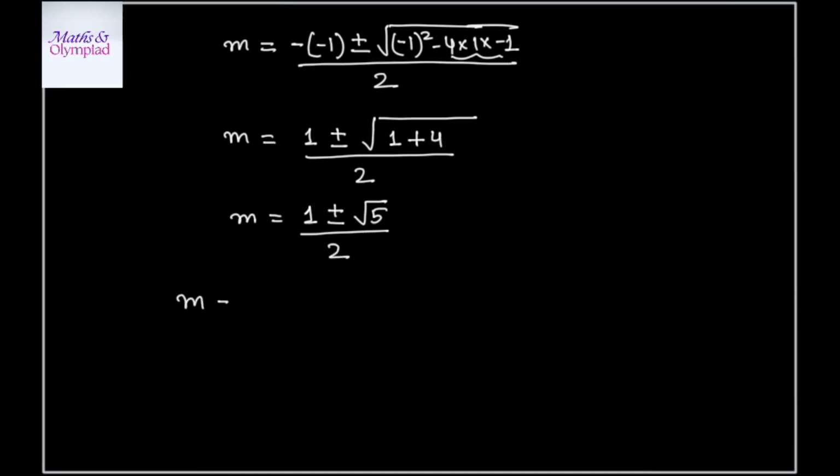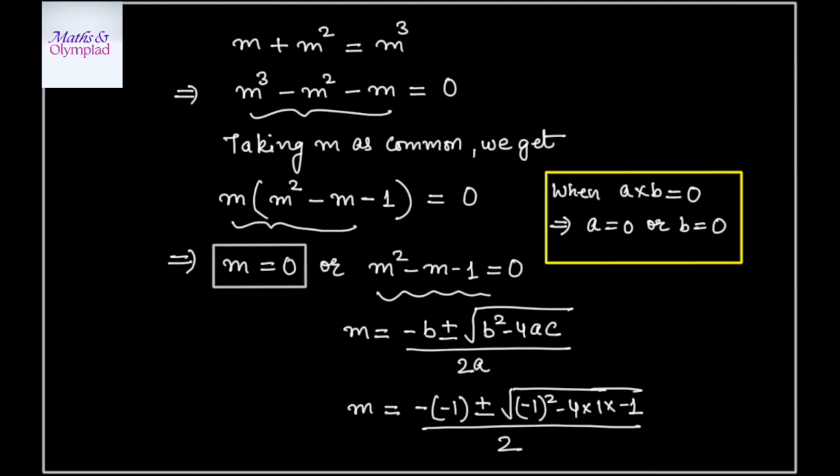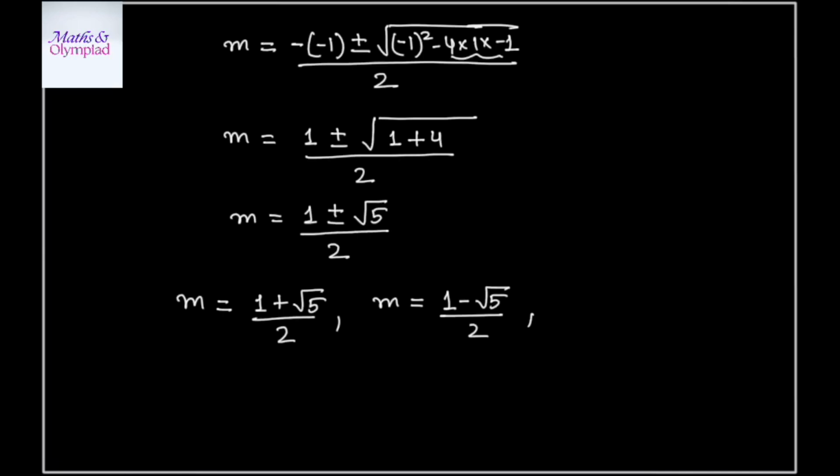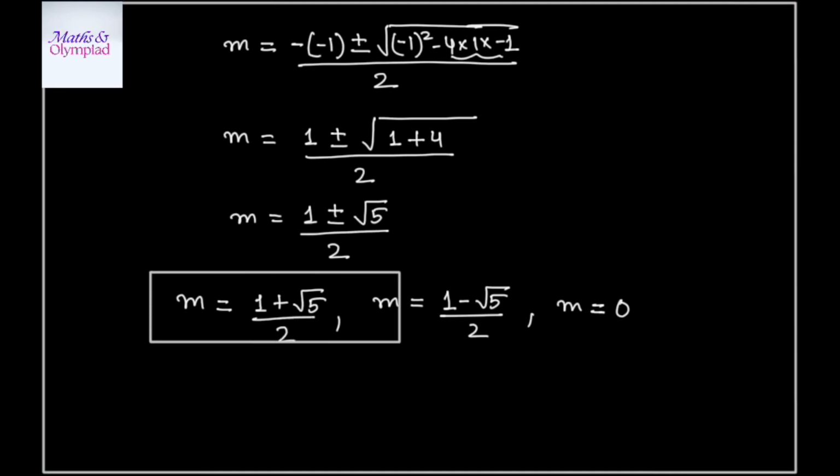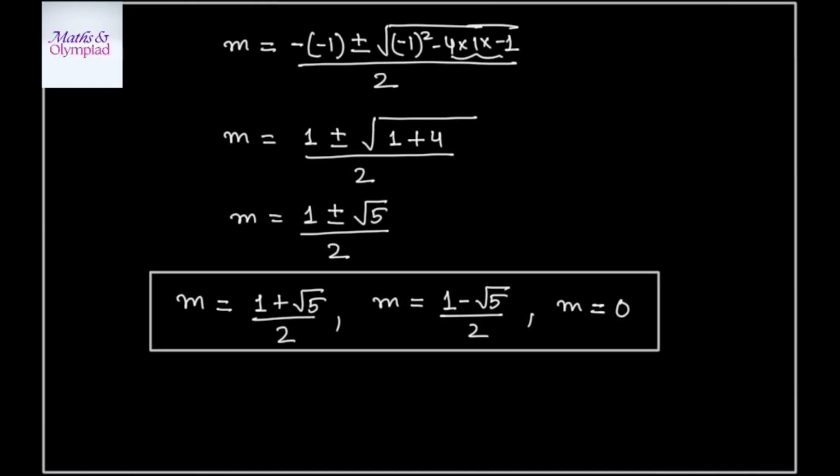So we have got two values of m here, m equal to 1 plus root 5 over 2 and m equal to 1 minus root 5 over 2. Earlier we have got m equal to 0. So in total we have got three values of m. So let's take one by one.